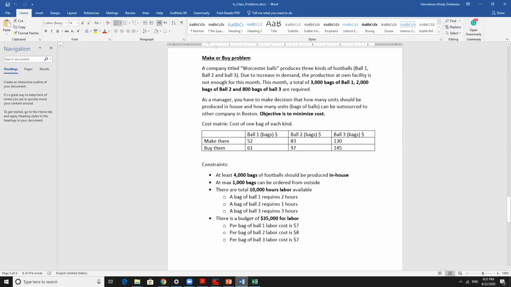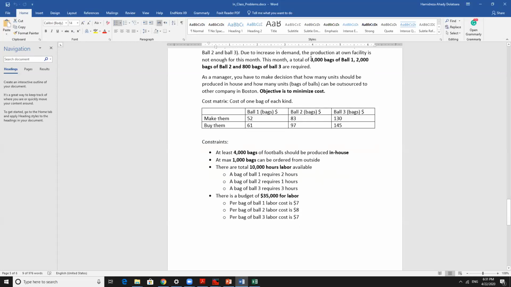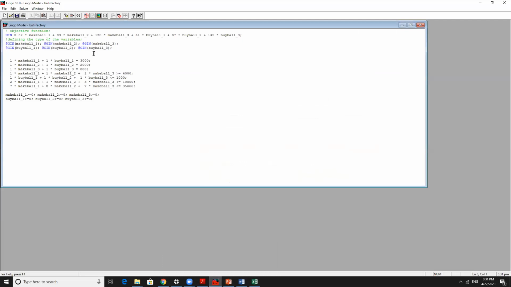Also, we have a constraint about how many we should produce or how many are required here, like 3,000, 2,000, 8,000. So the amount of ball 1, either made or bought, should be 3,000, for ball 2, 2,000, and ball 3, 8,000.